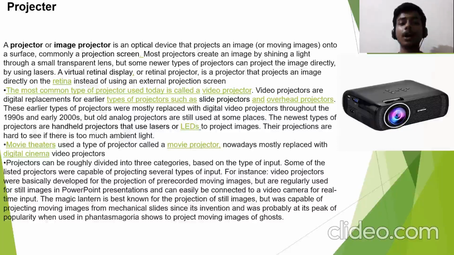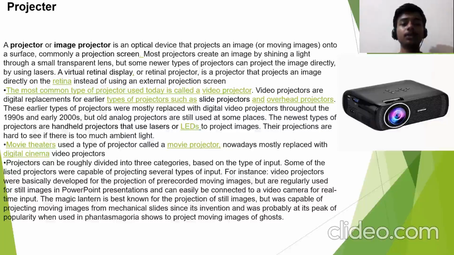But old analog projectors are still used in some places. The newest types of projectors are handheld projectors that use lasers or LEDs to project images. Their projections are hard to see if there is too much ambient light.